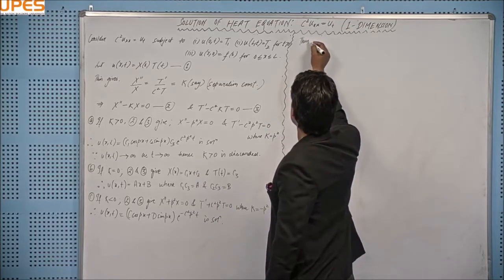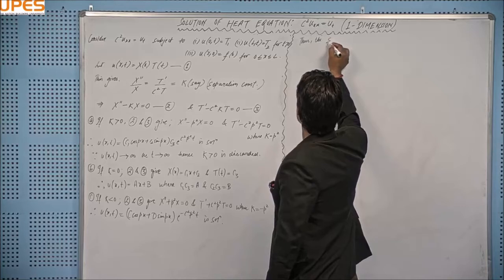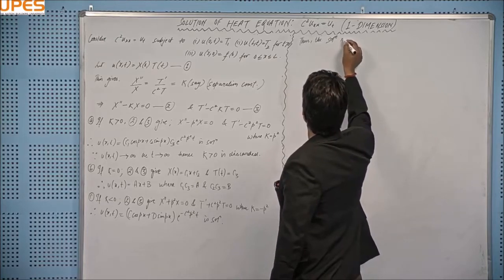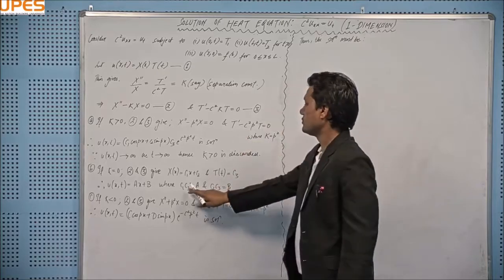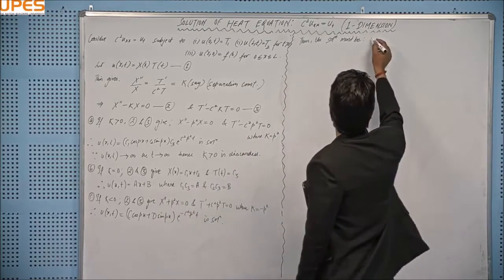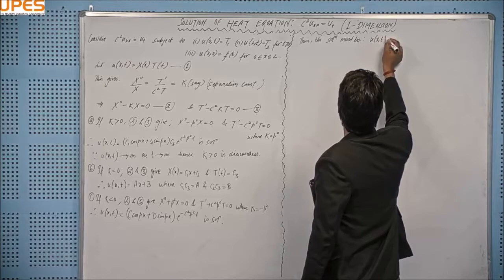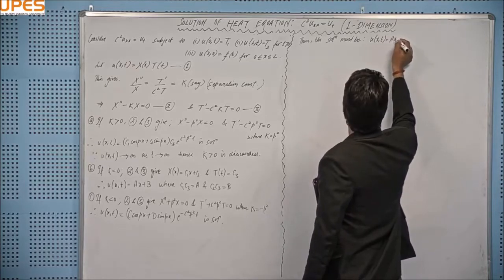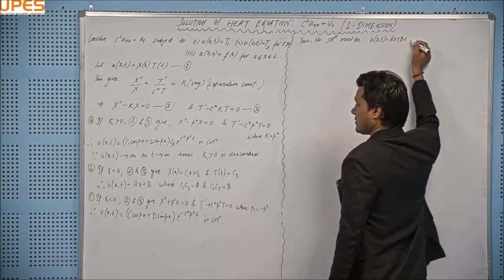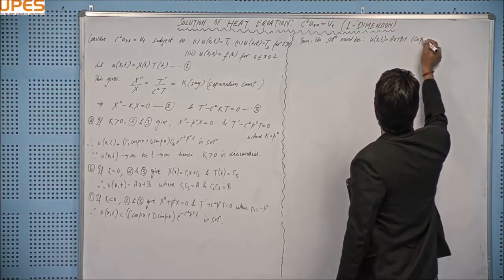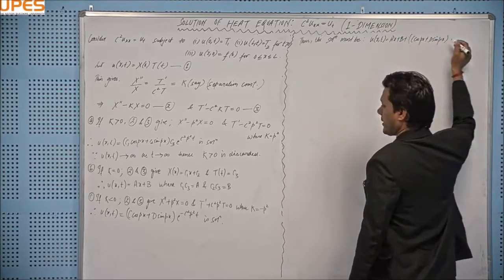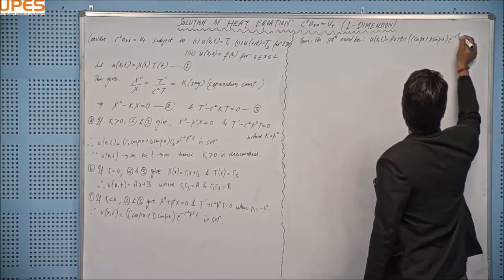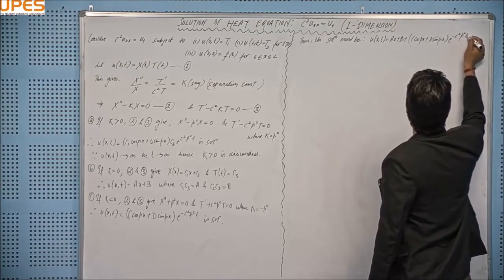Thus the solution must be the sum of these two, and that is u(x,t) equal to capital Ax plus capital B plus c cos px plus d sin px, then multiplied by e to the power minus c square p square t.